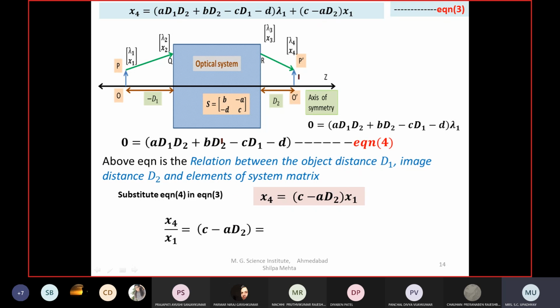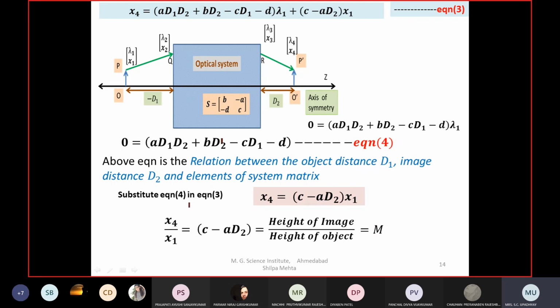And x4, according to this, we can say that it is height of image. And x1 is nothing but the height of object. So height of image divided by height of object is equal to what? Magnification.